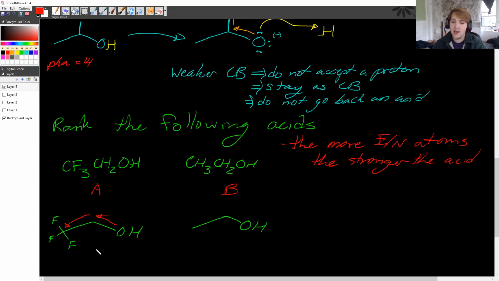It's too much work. So knowing that, if the pKa of this is 17, maybe this is somewhere around 14, or maybe I want to choose 13, or maybe 15. It doesn't matter. All that matters in your head is that it is below 17. And remember, smaller pKa, stronger acid.